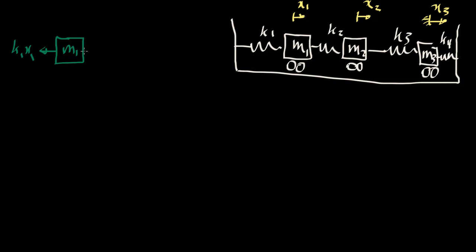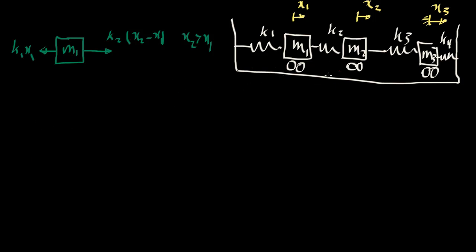So this force would be K2 times x2 minus x1. Keep in mind that we are assuming x2 is larger than x1. Okay, so that's all the forces in the horizontal direction for this mass.